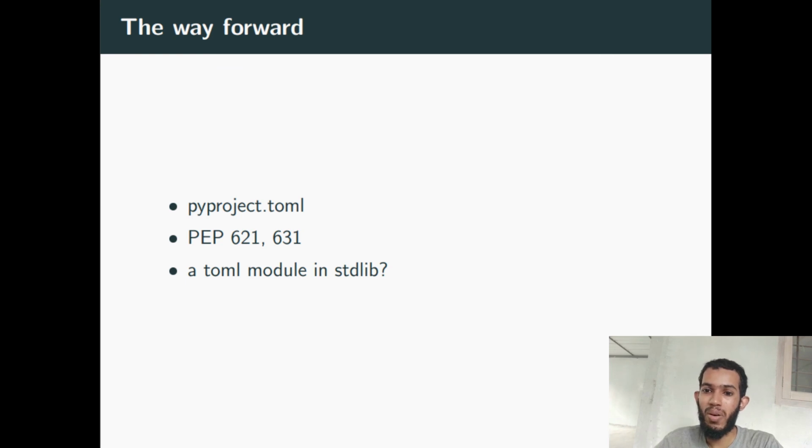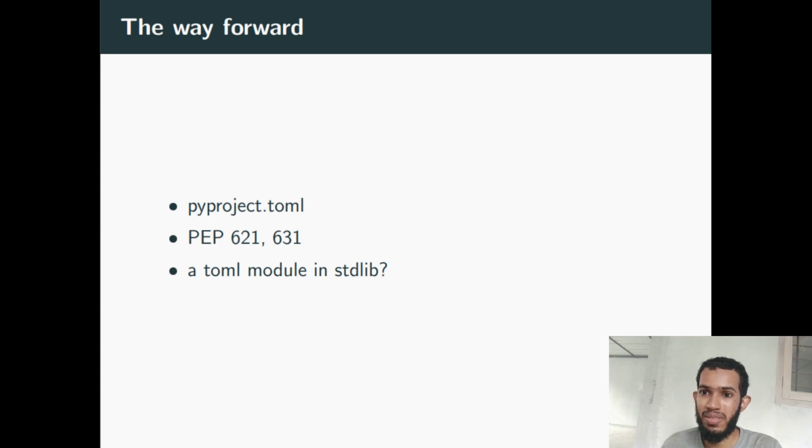And discussions are ongoing to standardize the project metadata as well, so it can be stored in the pyproject.toml file directly, from where it can be used by the packaging tool of your choice. And because of the toml file becoming more prominent, maybe we can expect a toml module, a module which can parse toml files, in the standard library as well.